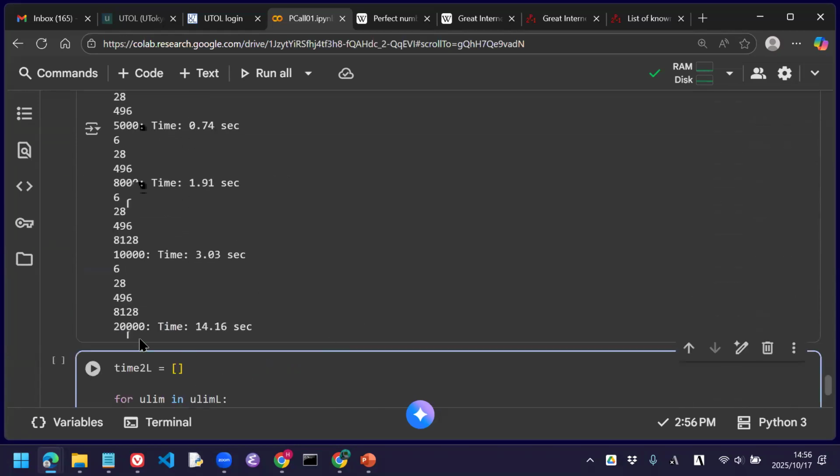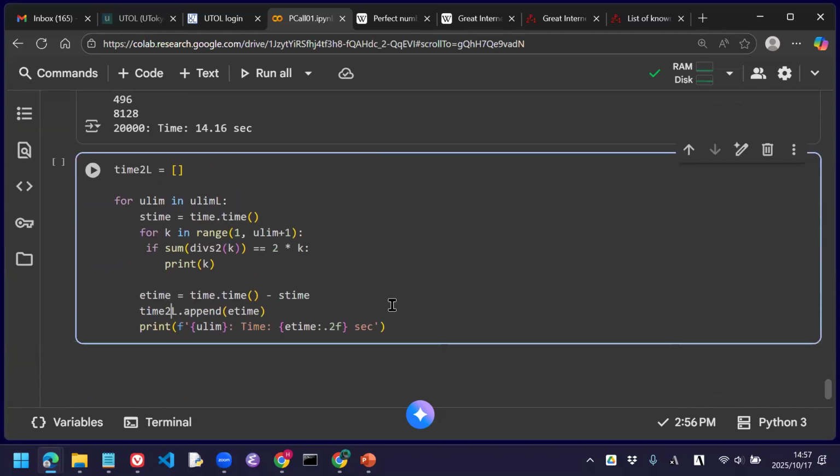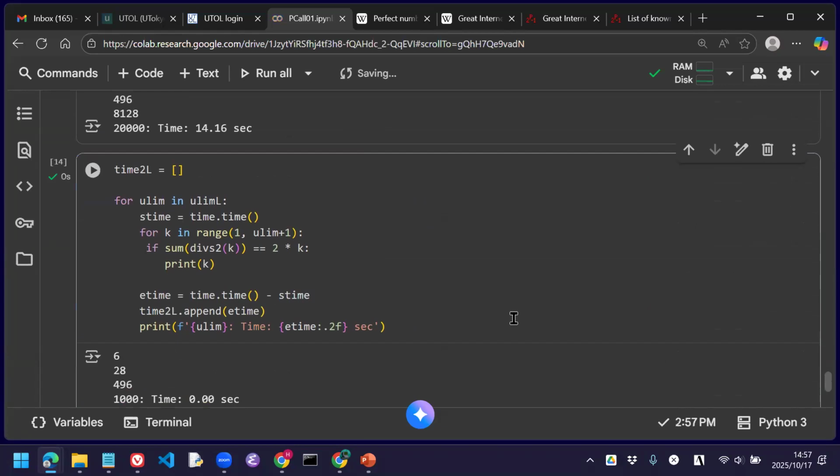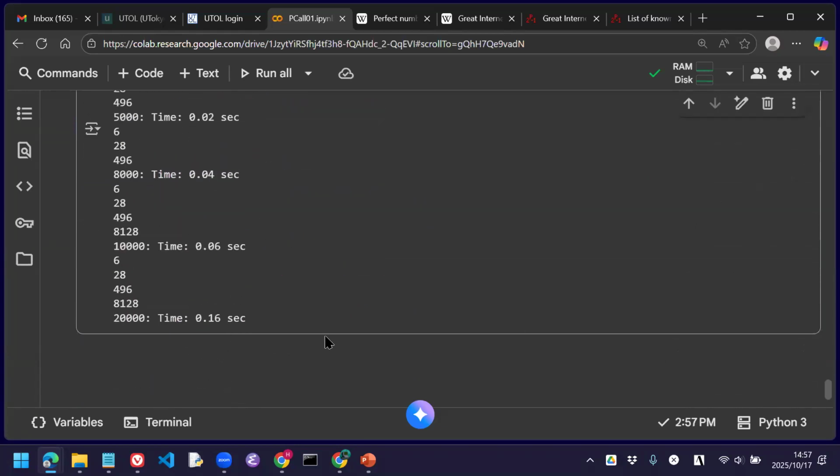Oh, it seems we finished that. Up to 20,000, as last time, it takes 14 seconds. Okay, do the same thing for the algorithm two. Oh, it's quite fast, 0.16 seconds up to 20,000.